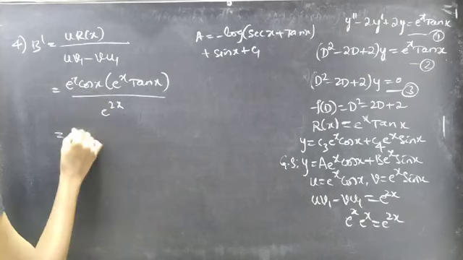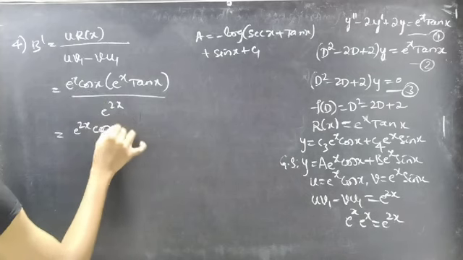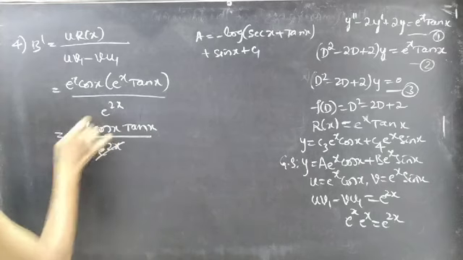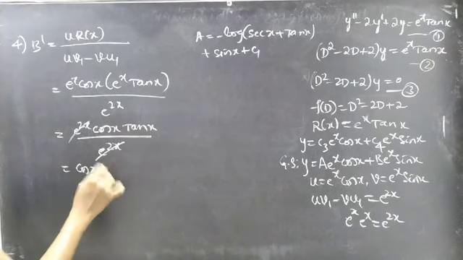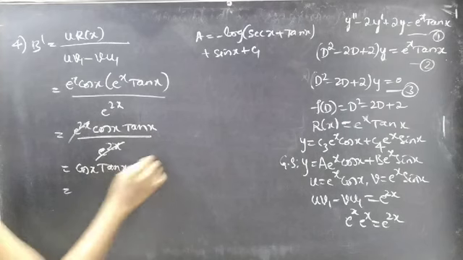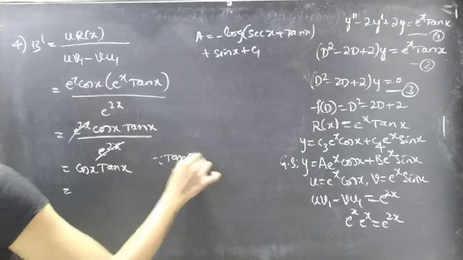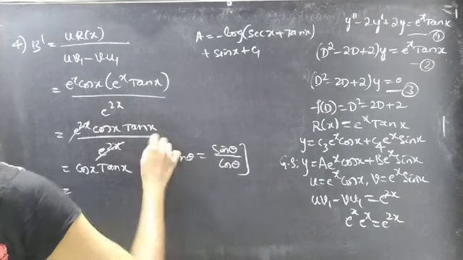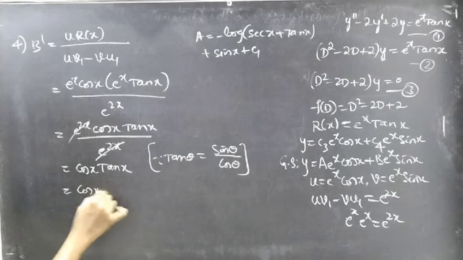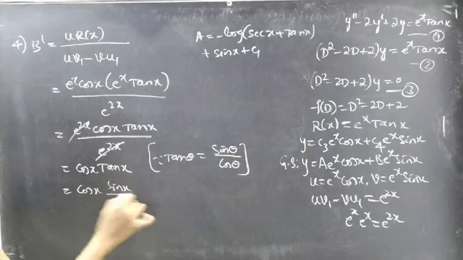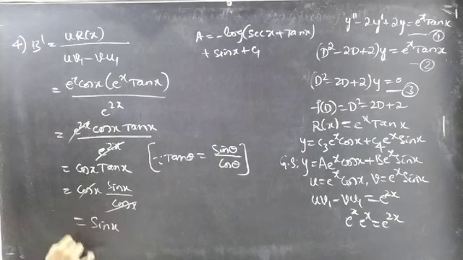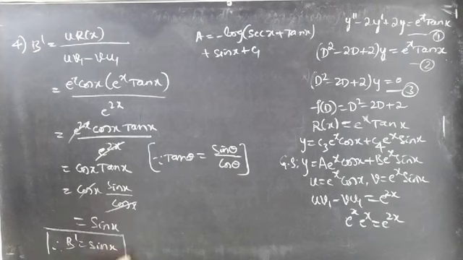E power x into e power x is e power 2x, into cos x tan x by e power 2x, where e power 2x gets cancelled, equals cos x into tan x. Since tan theta can be written as sin theta by cos theta, just replace tan x here with sin x by cos x, where cos x gets cancelled, and you'll get B dash equals sin x.